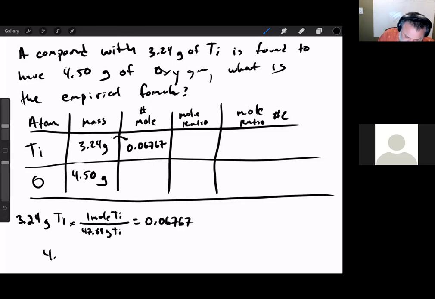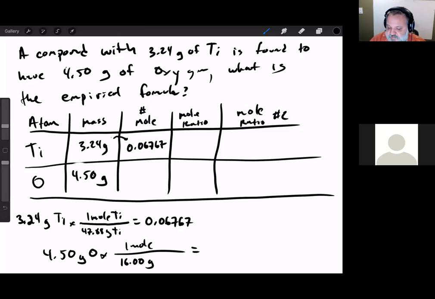And the oxygen is 4.50 grams of oxygen, 16.00 grams per 1 mole. So 4.5 divided by 16, I get 0.2813. Okay, what's the lowest whole number ratio?